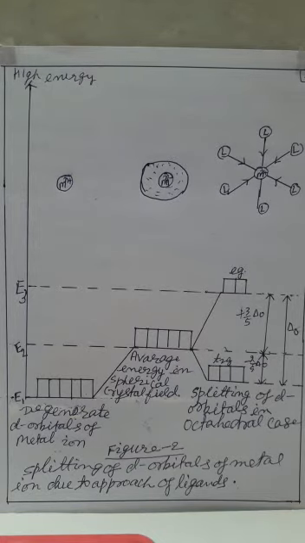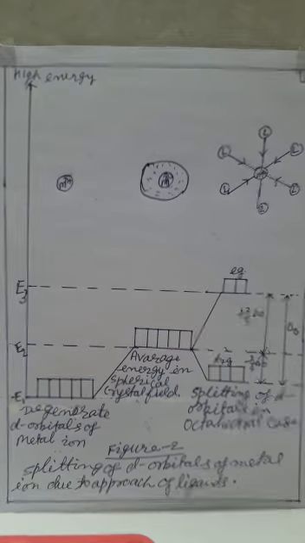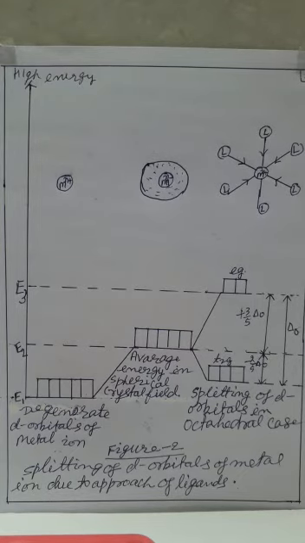In the splitting of d orbitals in the octahedral case, the T2g group is below the E2 energy level, and the Eg orbitals have plus 3 by 5 delta O. The total difference between E1 and E3 is expressed as delta O or 10 Dq.